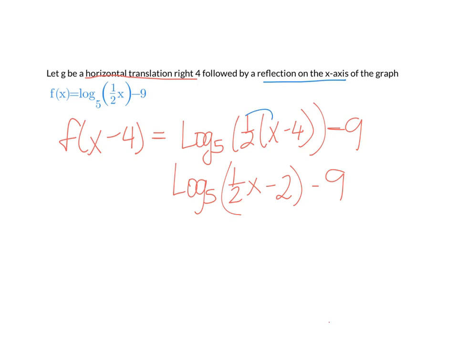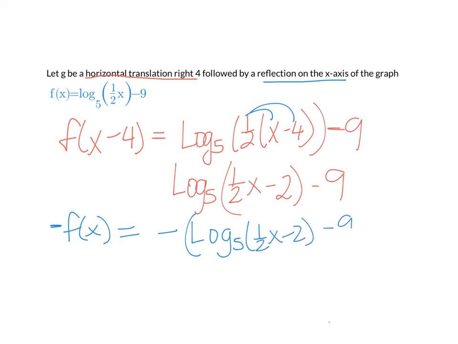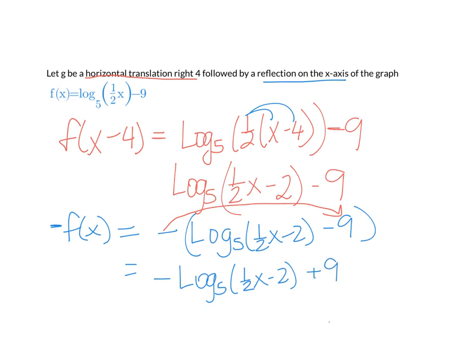Make sure that distributes. Then the reflection on the x-axis is negative f of x. So that's negative times log base 5 of 1/2 x minus 2 minus 9. That negative is going to distribute to the 9 and stay in front of the log. So your final answer is negative log base 5 of 1/2 x minus 2 plus 9.